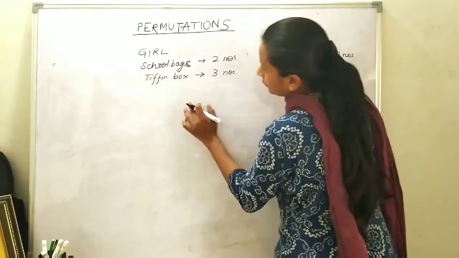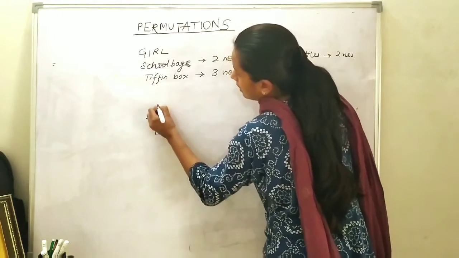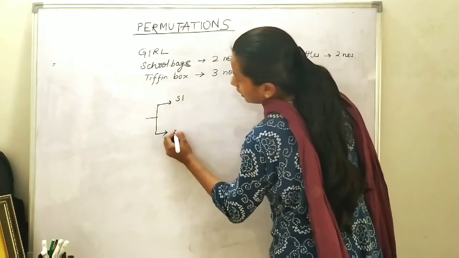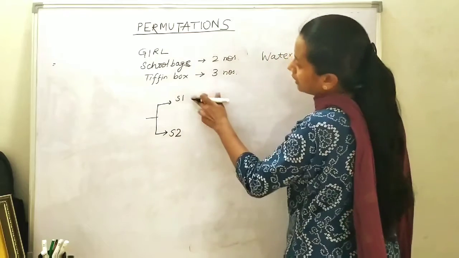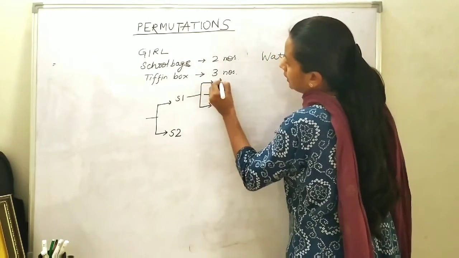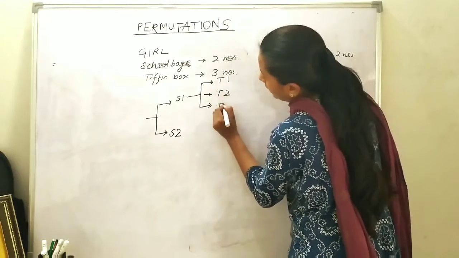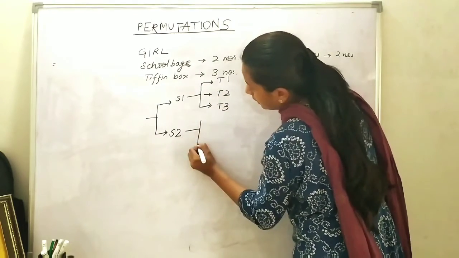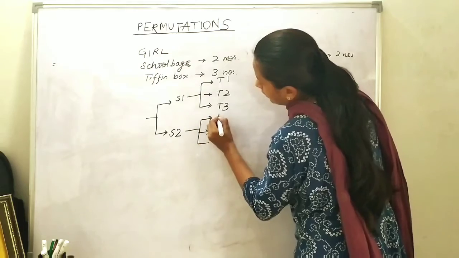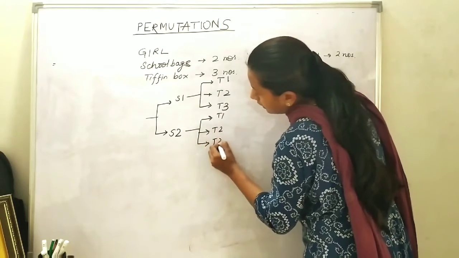The number of ways in which a school bag can be selected is S1 and S2. Now with S1 she can take T1, that is tiffin number 1, T2 and T3. Similarly with S2 she can take T1, T2 and T3.